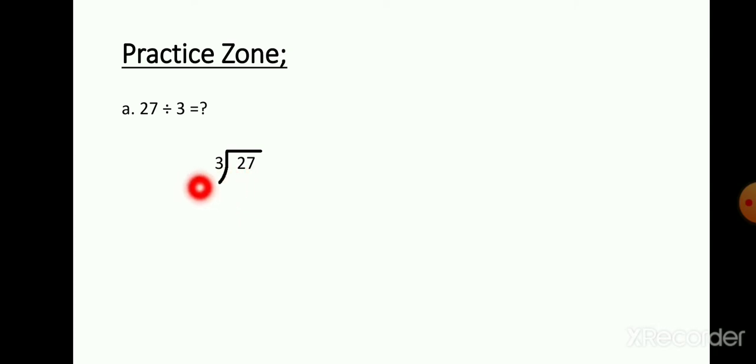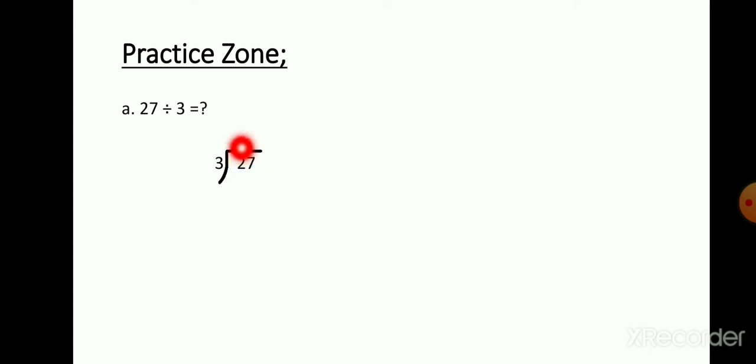Now we'll recall the table of 3. Now tell me, first digit here is 2, but 2 is less than 3. So we can't solve it by taking just one digit. So we'll also take the second digit along. Now tell me how many times 3 equals 27. We know that 9 times 3 equals 27.